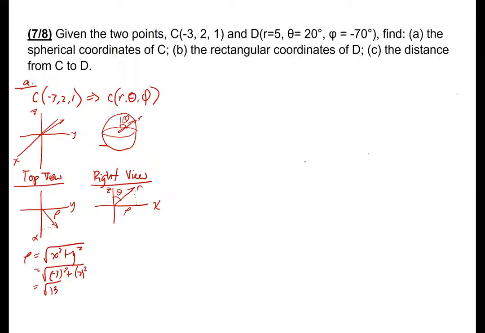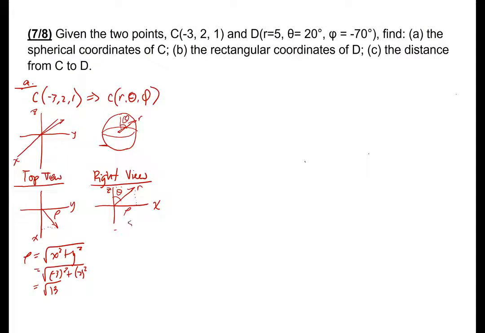Okay, this is square root of 13. We already have rho, but our goal is r. So how do you get r from the right view, from this drawing here? We know that if you're dealing with theta, rho is opposite to that theta.